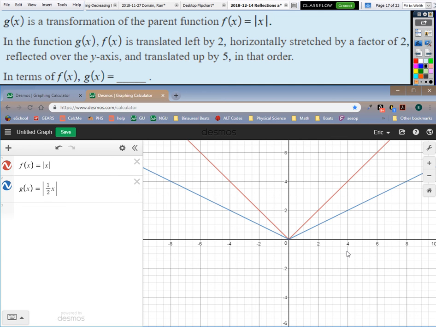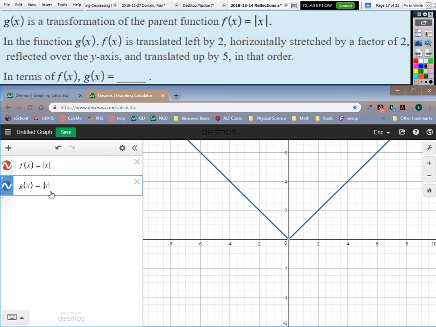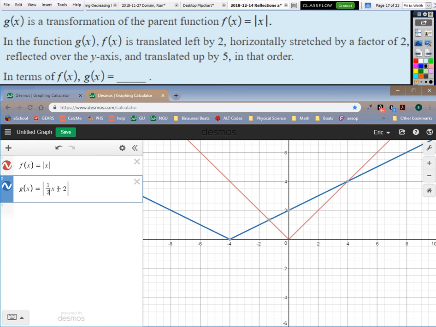If we do exactly what we're told to do here, the first thing we do is translate left by 2. How do I do that? Plus 2. Now, if I want to stretch the space horizontally, I'm really only multiplying the x by 1/2, right? Look what it did.